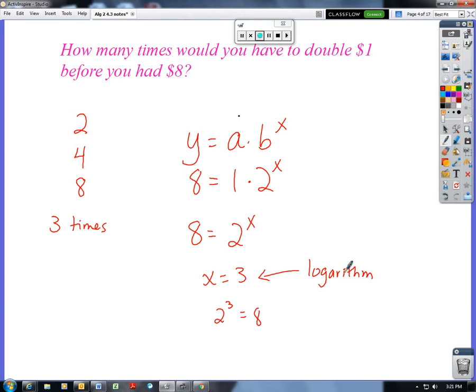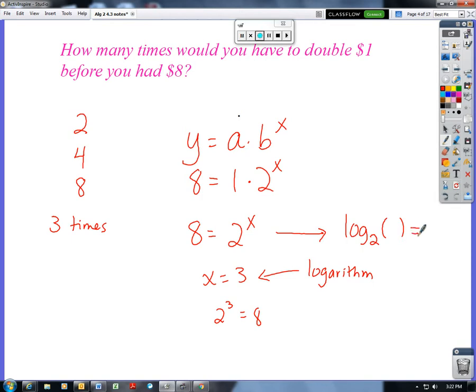Why not? We can rewrite an exponential as a logarithm. And the way it looks is you write log, and then you write the base. The base of the logarithm is the same as the base of the exponential. So the base of the exponential is 2, so we put 2 down here. And there's going to be a number right here.